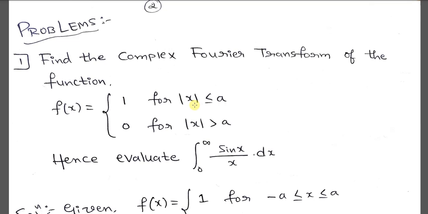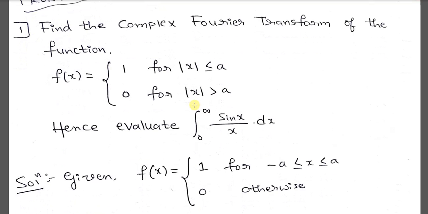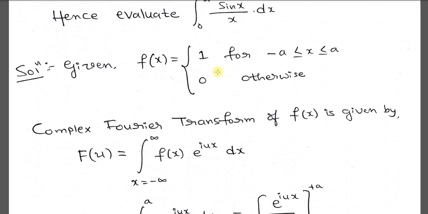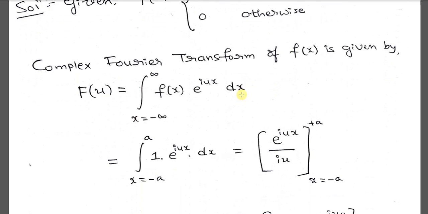Okay, so let's try to solve this particular problem. The first part is we have to find the Fourier transform. So write down the formula. Here I have just thrown out this mod function. Instead of mod x, I have written minus a less than or equal to x less than or equal to a. So as usual, write down the formula first.